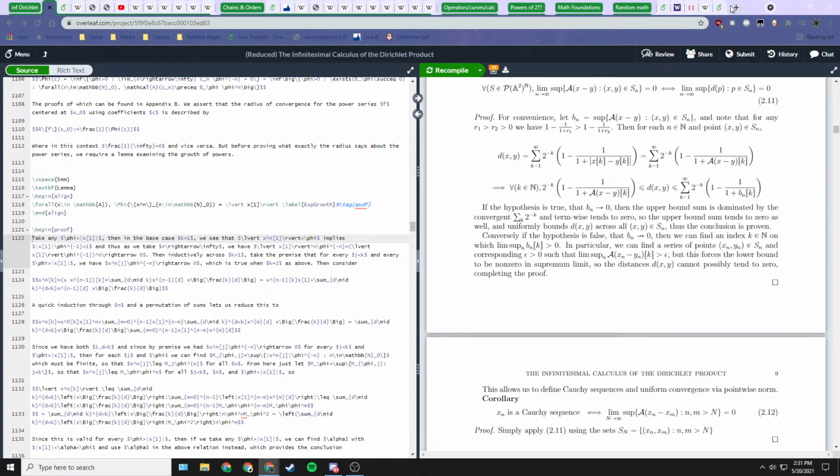So the converse direction that we did originally in our draft, instead of performing some upper bound, we just assume, well, if b sub n is not going to 0, then find some index k where it doesn't work.